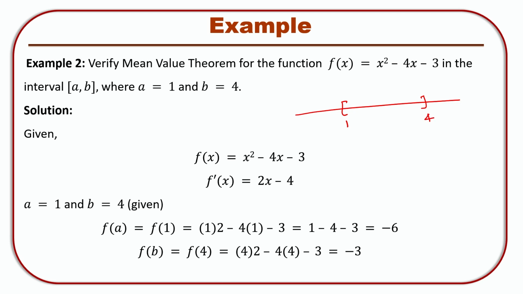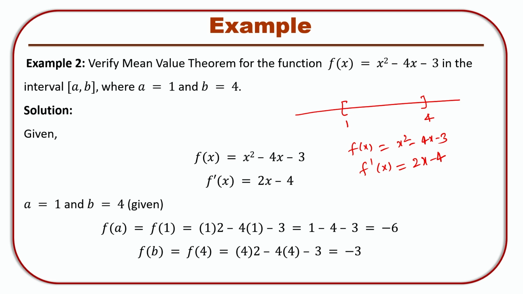What we have to do, firstly, look at f(x) equal to x square minus 4x minus 3. This function is continuous in [1, 4]. It is also a differentiable function in [1, 4]. So find the derivative of the given function f(x), and this will be 2x minus 4, right.